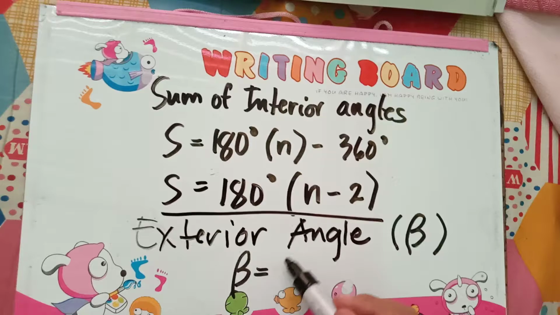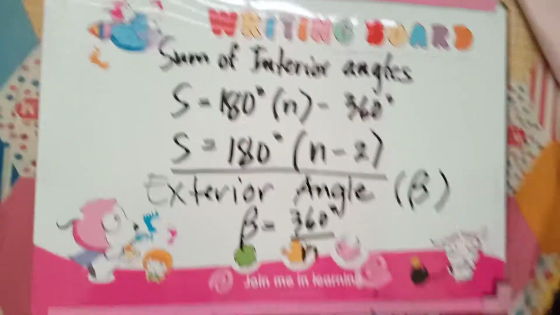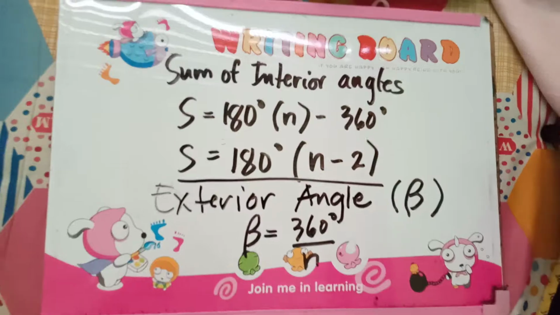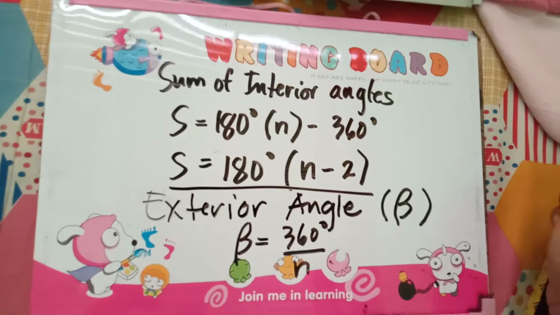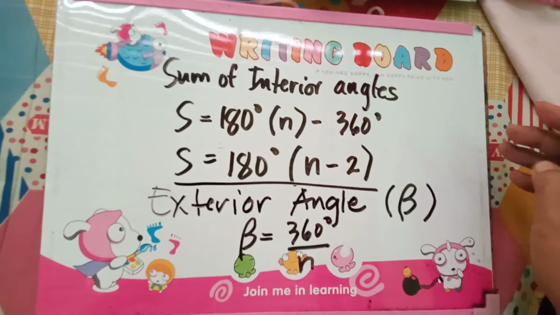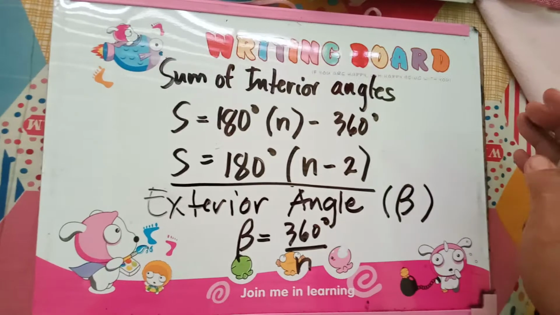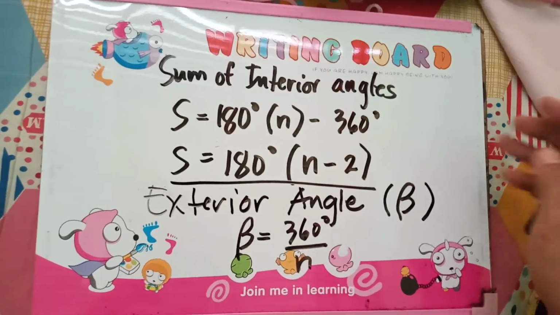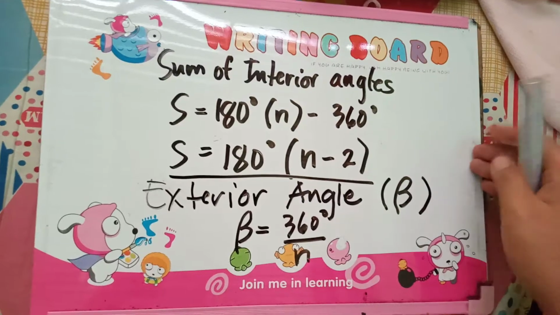Beta is equal to 360 degrees over n. So that is how to find the exterior angle. Please be familiar with the formulas needed. These are important things that you should remember when dealing with polygons.